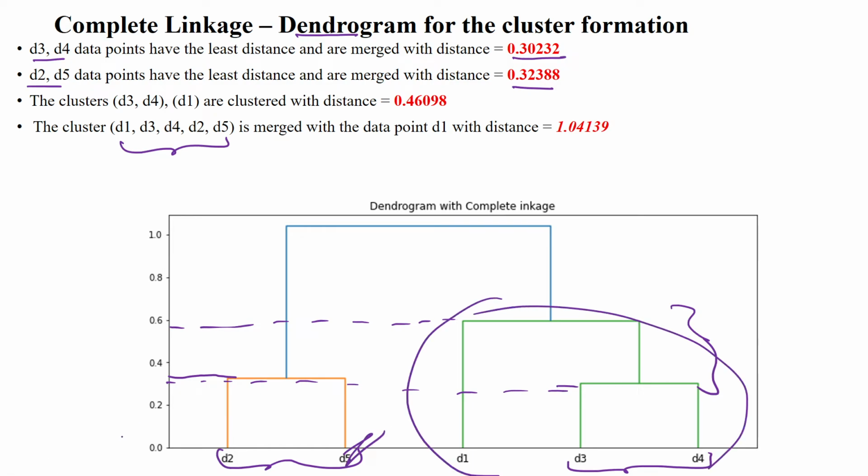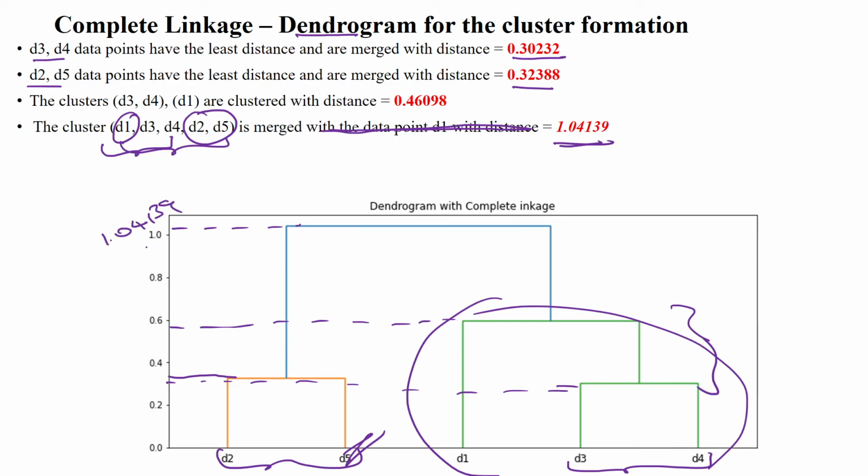Then we combine all the data points here, d2 comma d5 and d1 d3 d4. The two clusters are combined with the value 1.04139. Okay, so d2 comma d5 is combined with d1 d3 d4 at a distance of 1.04139.